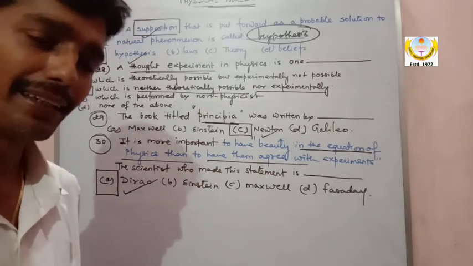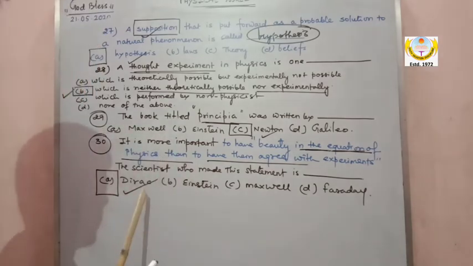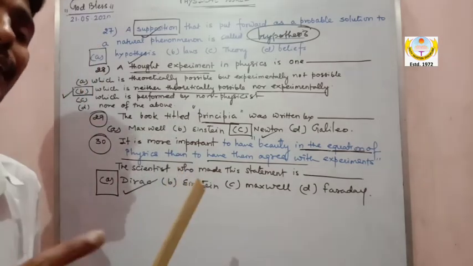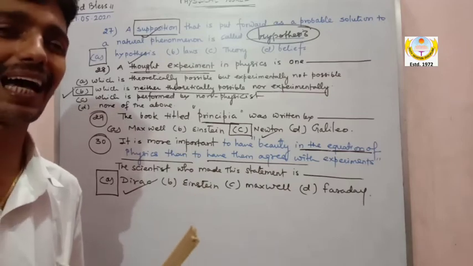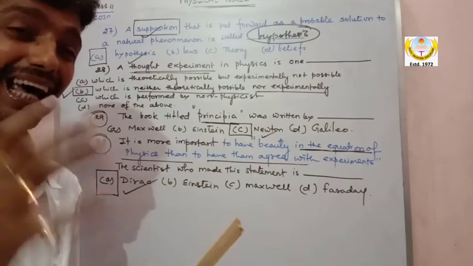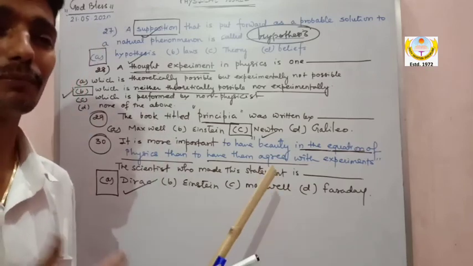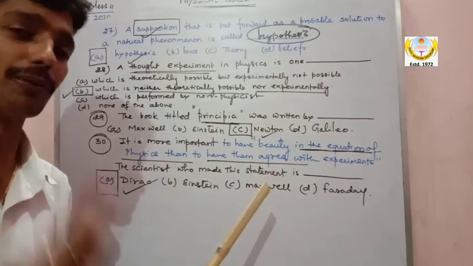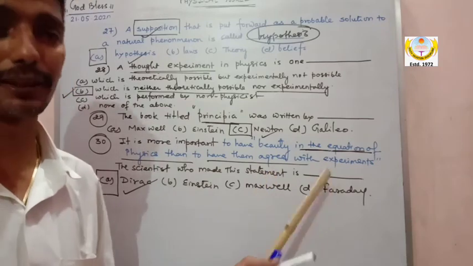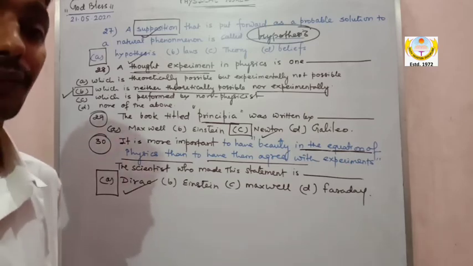The name of the scientist was Dirac, who found that the beauty of physics lies in the equation, as compared to the experiments, my dear. It was said by a great scientist called Dirac.